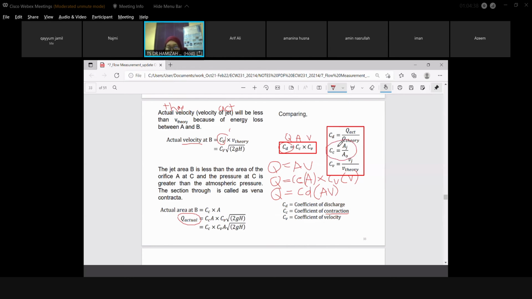CC ialah area of the jet bahagi dengan area of the orifice. Okay, in case they give you CC but tak bagi CV, so we can calculate the CV where V of the jet bahagi dengan V theory. Okay, so V of the jet bahagi dengan V orifice.